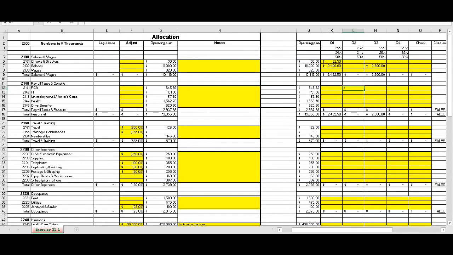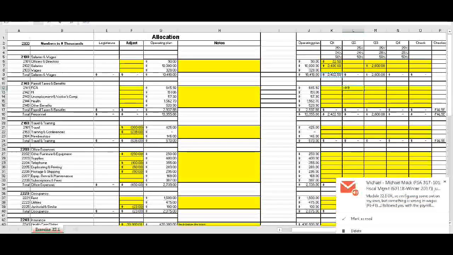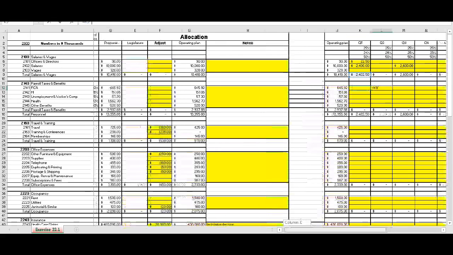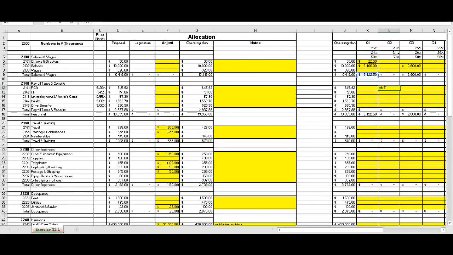Let's see, K9 is total salaries and wages, which I'm going to put the rest of those in there, I guess. It'll be K9 times C12, which is over here, the 6.20%.